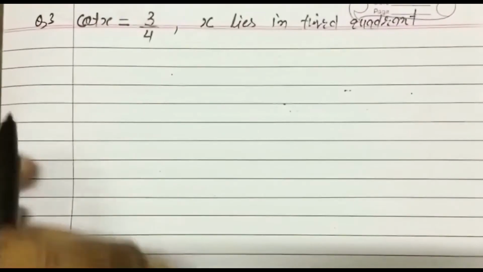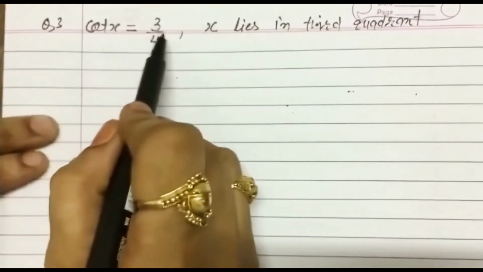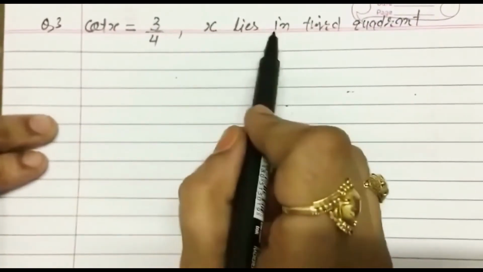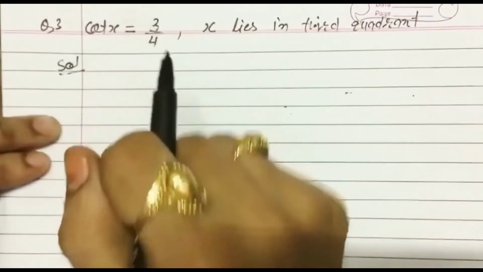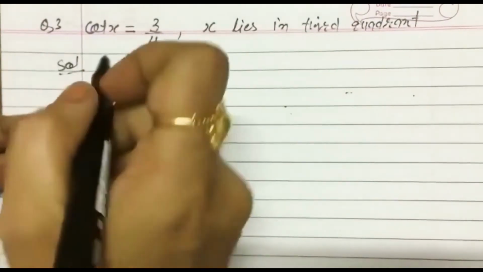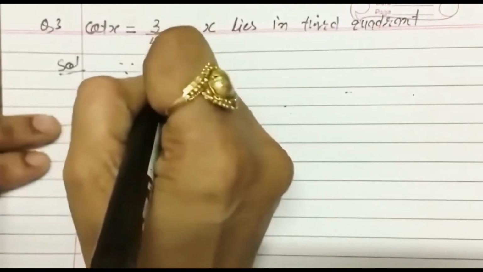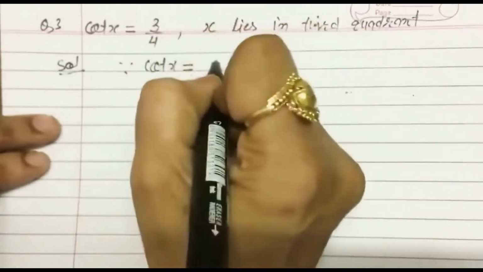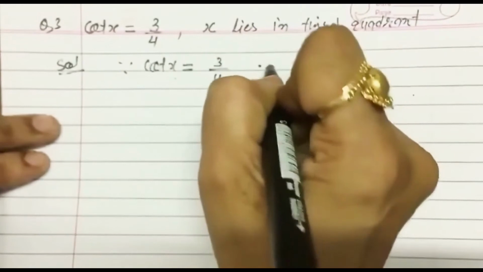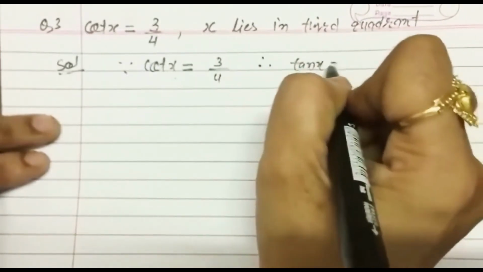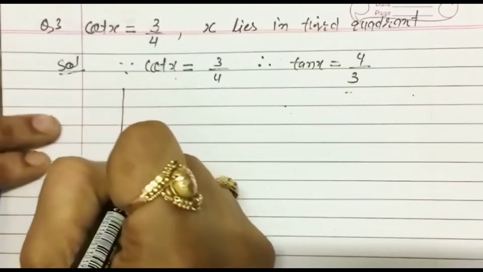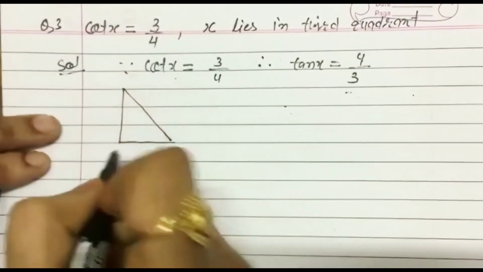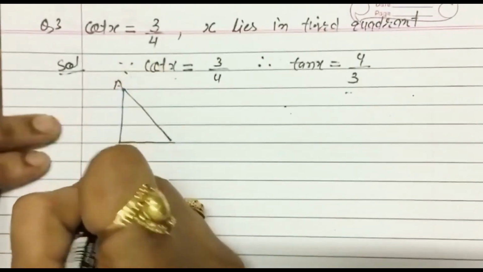Question number 3. The question is cot x is equal to 3 by 4. x lies in the third quadrant. You know students that in the third quadrant cot x and tan x both are positive. Here cot x is given as 3 by 4, so tan x is equal to 4 by 3. Now you can apply the identity method or the triangle method, any one.